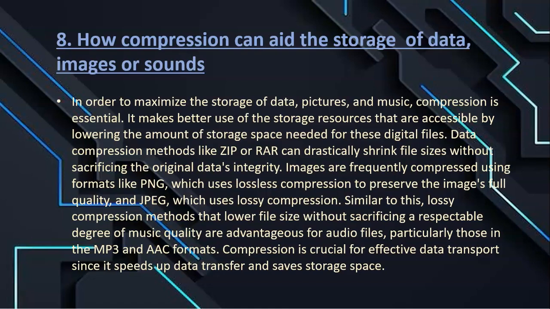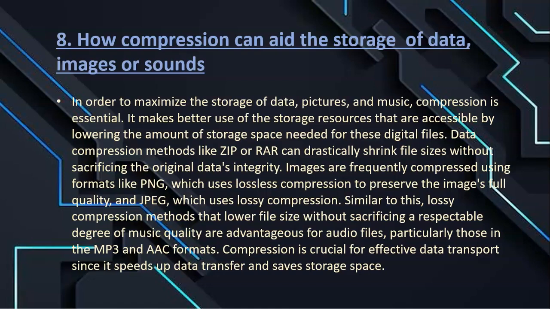In order to maximize the storage of data, pictures, and music, compression is essential. It makes better use of the storage resources that are accessible by lowering the amount of storage space needed for these digital files.